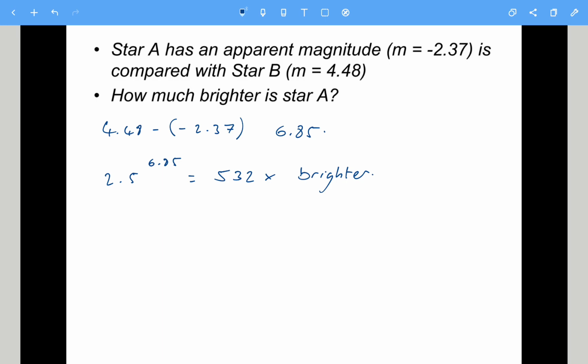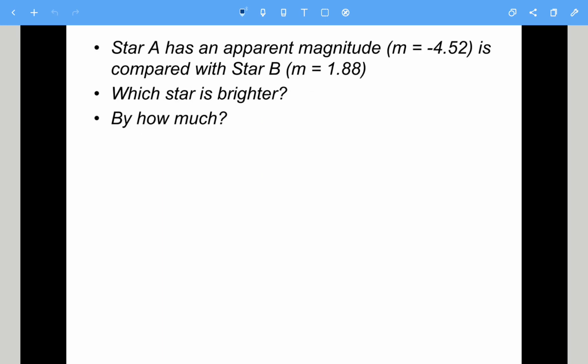All right, let's do one more. So on this one, which star is brighter? So the negative apparent magnitude will be the brightest. So which one's brightest is star A. And then by how much? So again, we need to do the difference in apparent magnitude. So we've got basically just add them together because one's negative.